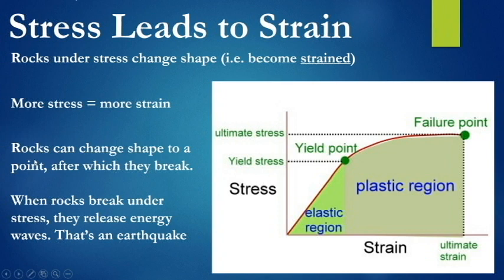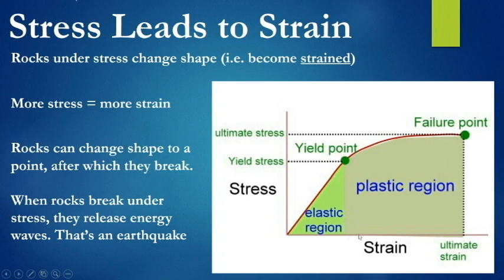But here's the thing though, any material, including rocks, has a limit. So if we look at this diagram again, we have this place here where we're adding stress, we're changing shape, and then when we add even just a little bit more stress, you now cause a great change in the shape.